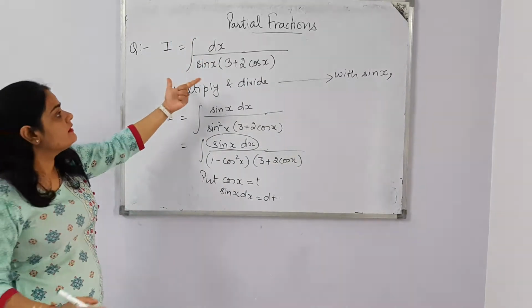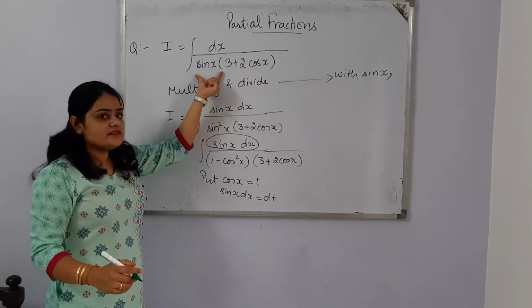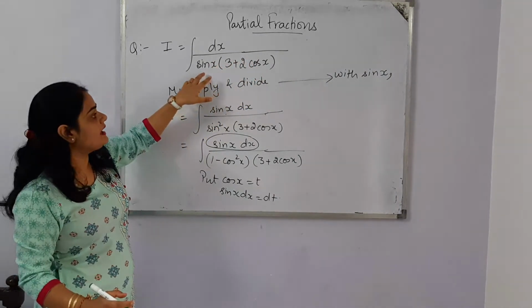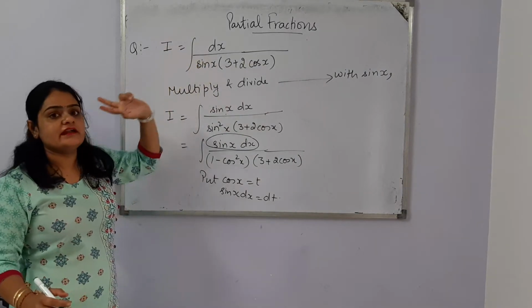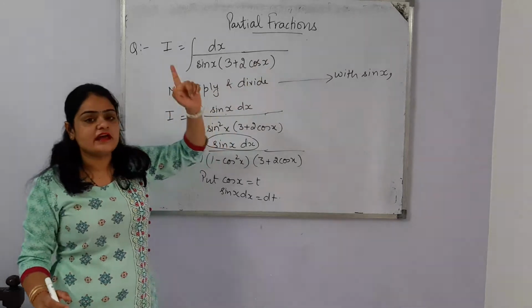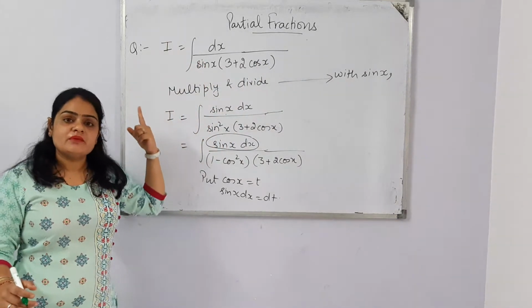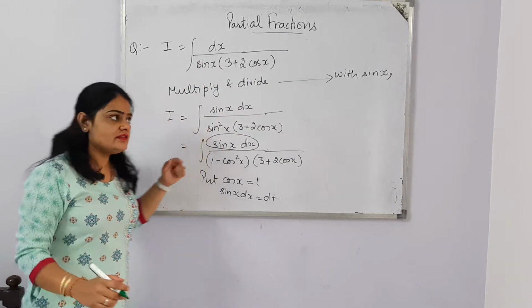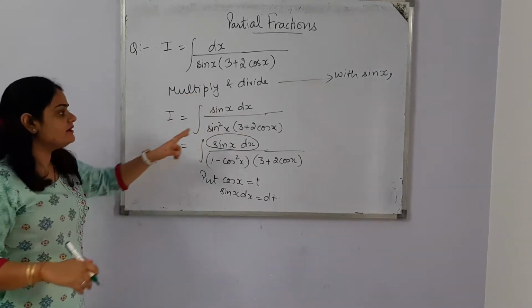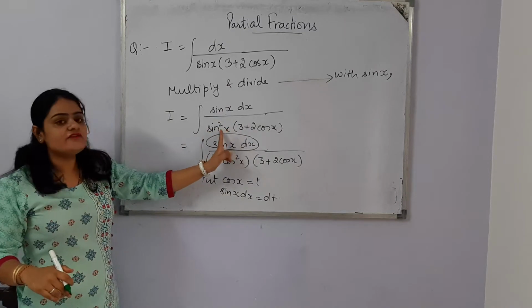In that case, if cos is outside and sin is with some constant, we will multiply and divide with cos x. If outside is cos x and inside is 3 plus 2 sin x, in that case we will multiply with cos x, because it's easy to form cos square x. Here it's easy to form sin square x by multiplying and dividing.